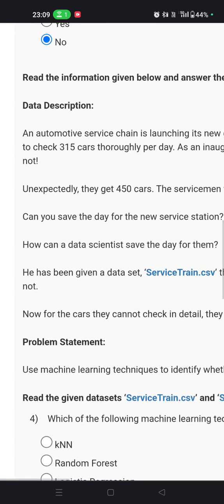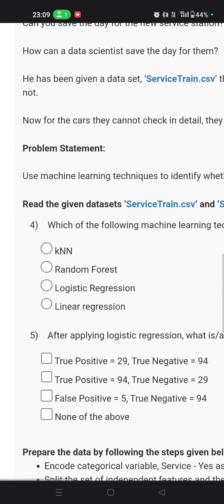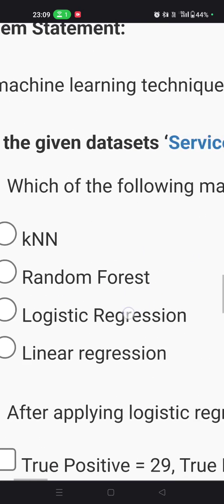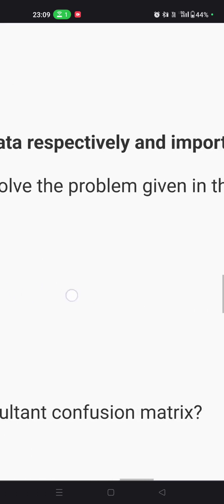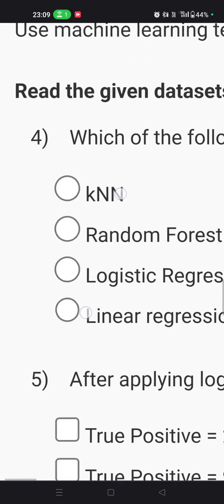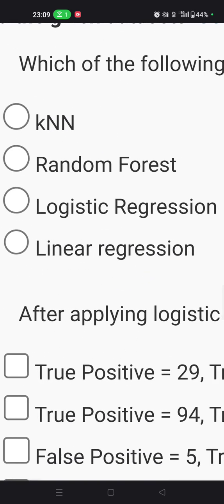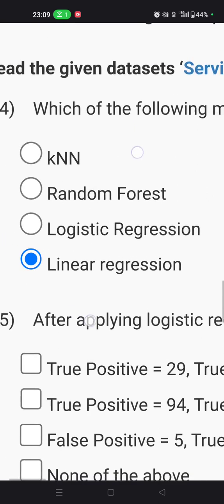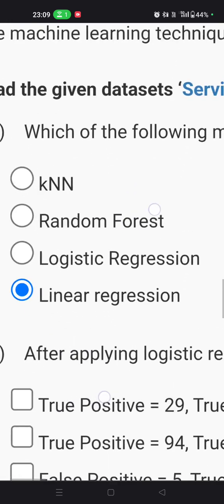To understand this problem, the first question he is asking is: which of the following machine learning techniques would not be appropriate to solve the problem given in the statement? The options are KNN, random forest, logistic regression, and the last one is linear regression. Already we explained linear regression means there are only two variables, so this is not possible, the others are possible.